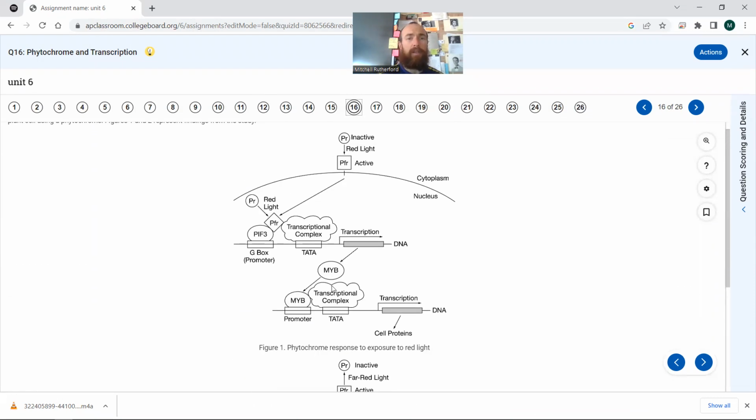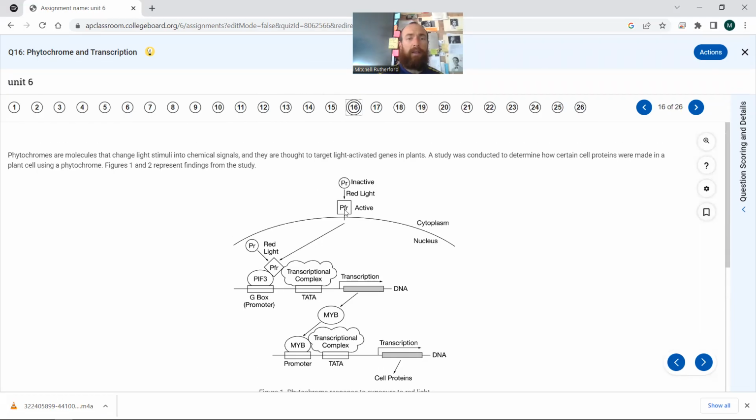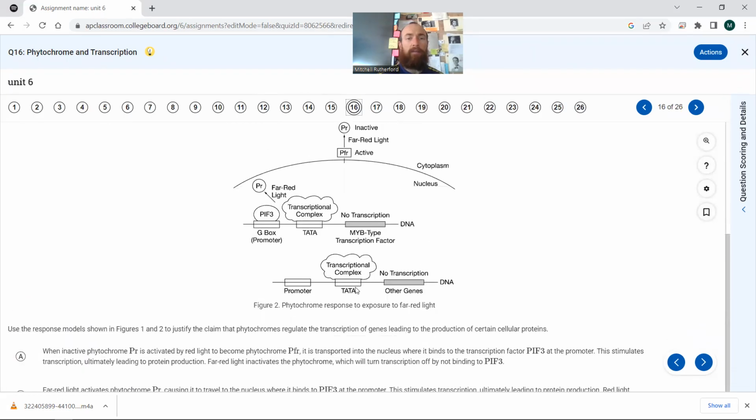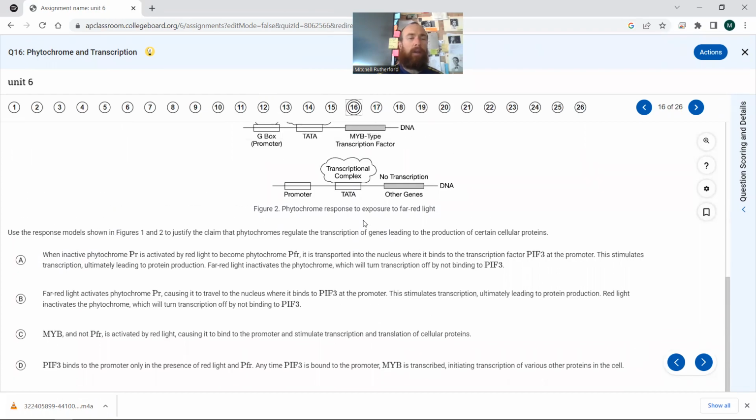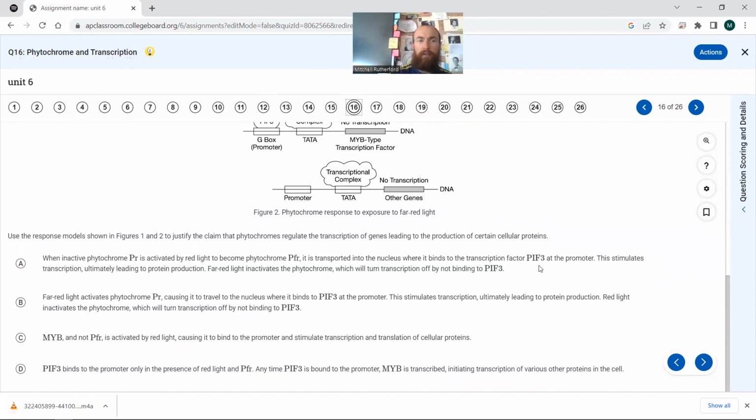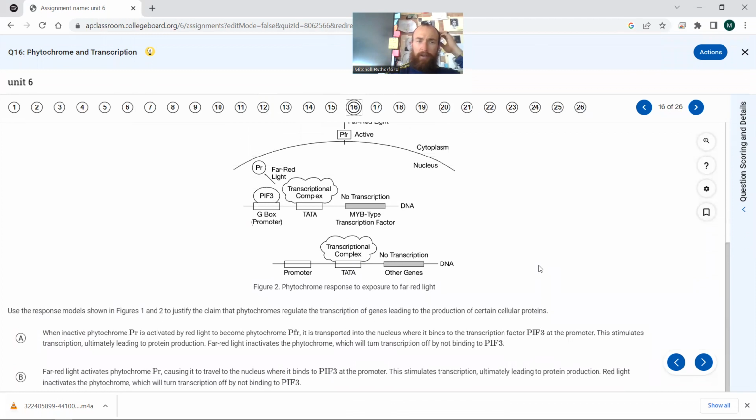This happens, this happens, this happens. Okay, look, we got red light, and then we make a protein. It's not really that complicated here. So let's see what they're actually asking us to look for. When inactive phytochrome PR is activated by red light, it's transported into the nucleus where it binds to the transcription factor that stimulates transcription, ultimately leading to protein production.